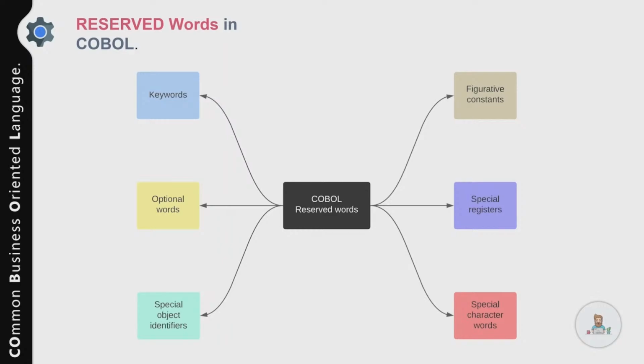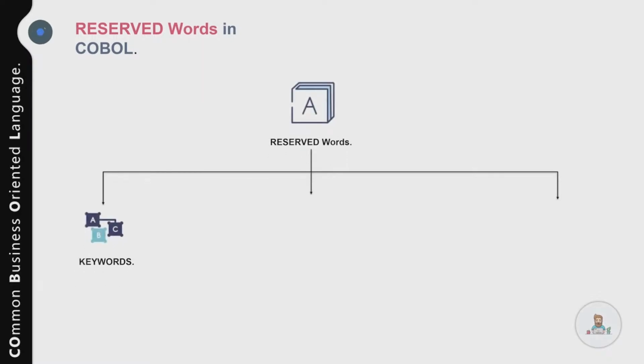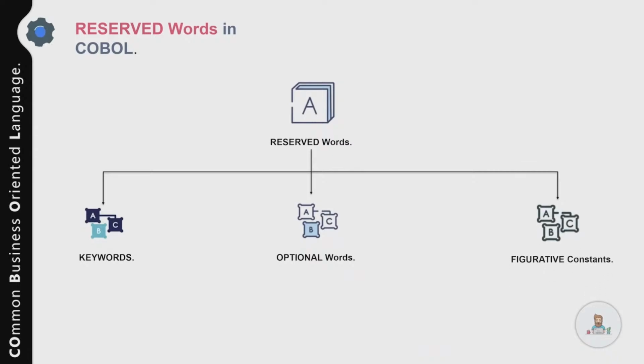Fourth one is special character words. Fifth is special object identifiers. And the last one is special registers. But we will be focusing on the first 3 important reserved words. So first one is keywords. Second one is optional words. Third one is figurative constants.